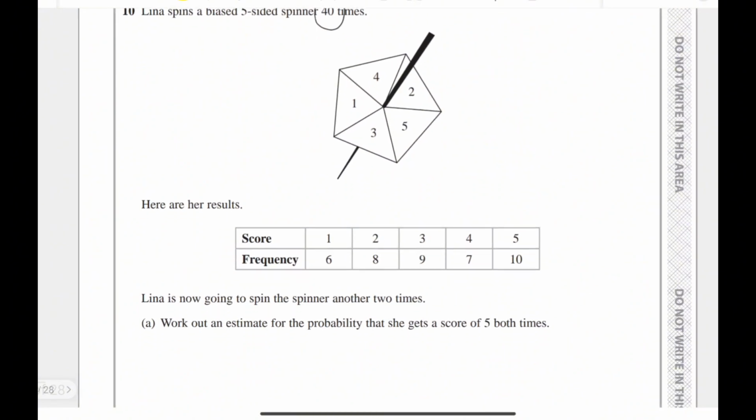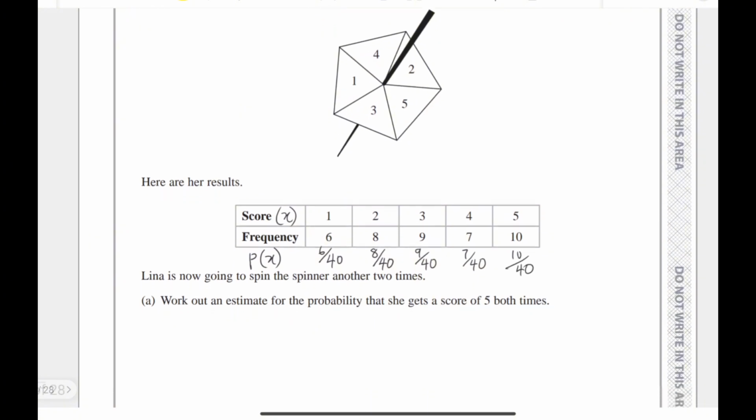So that means if our score is x, then the probability of x here is going to be 6 out of 40. Here would be 8 out of 40. Here would be 9 out of 40. Here would be 7 out of 40. And this would be 10 out of 40. I hope that makes sense.